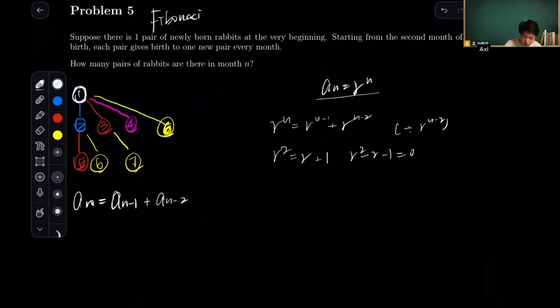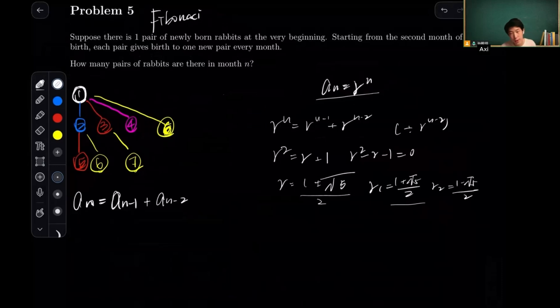Solving this, we have r equals (1 plus or minus square root of 5) divided by 2, where r1 is (1 plus square root of 5) over 2, r2 is (1 minus square root of 5) over 2, and these are the two solutions. But of course, if we square this guy, it is not going to be very much a whole number, nor is it going to be a whole number when we move it up.